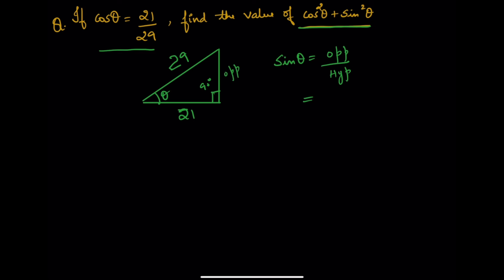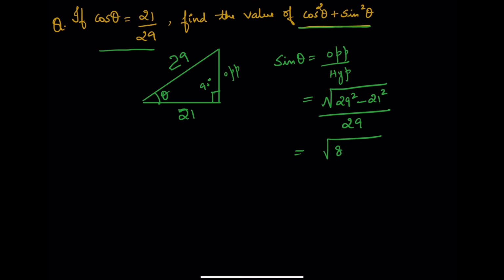So here opposite is, let's apply the Pythagoras Theorem. It is square root of 29 square minus 21 square, divided by hypotenuse, which is 29. So what's the value here? So 29 square is 841.